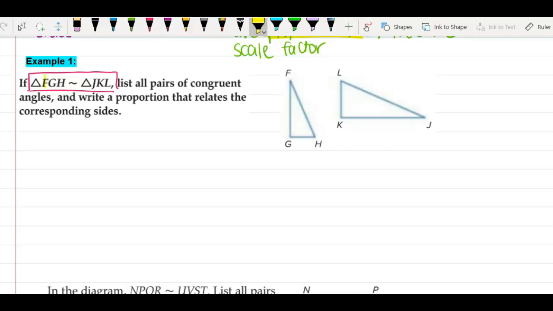So this first letter, F, should go with the first letter, J. So we could mark in our picture, angle F is congruent to angle J. We could put that with one arc. G is second, K is second, so we can go ahead and mark those with two arcs. And then last but not least, H and L should go together.